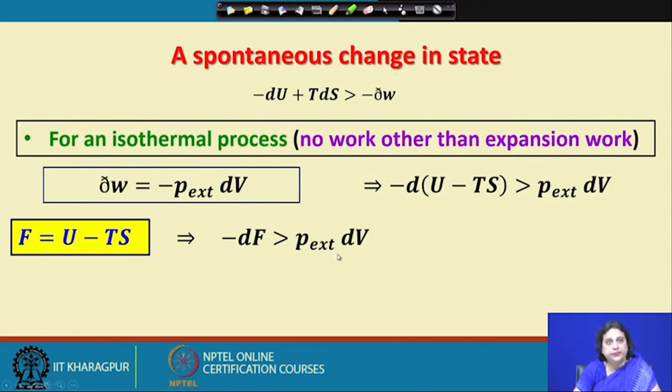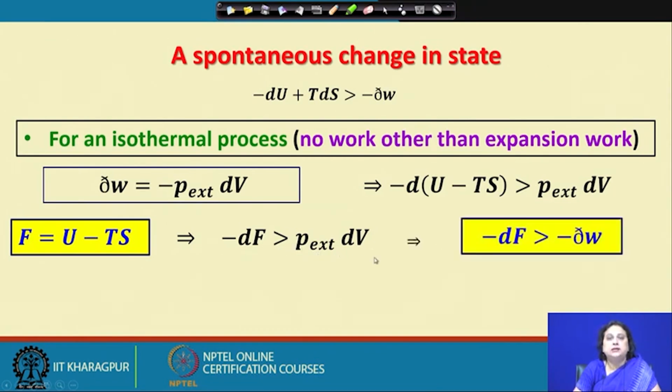This means that whenever a system is undergoing a change in state by performing some expansion work, PV work, there will be some decrease in the Helmholtz free energy, and this decrease must be greater than whatever work is being extracted from the system.